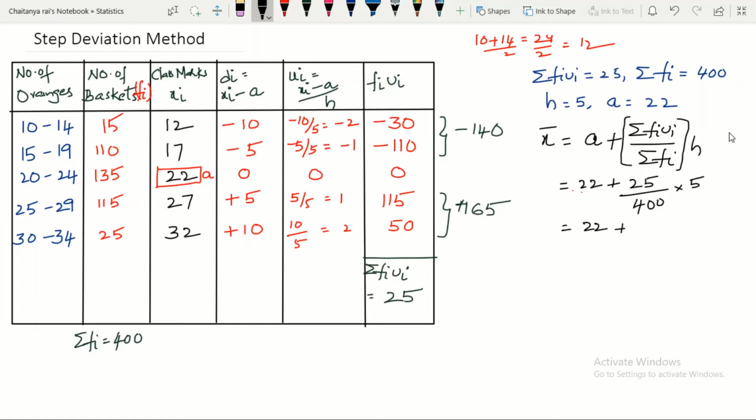22 plus 25 into 5 is 125 divided by 400.